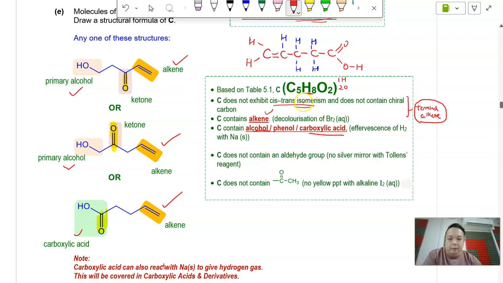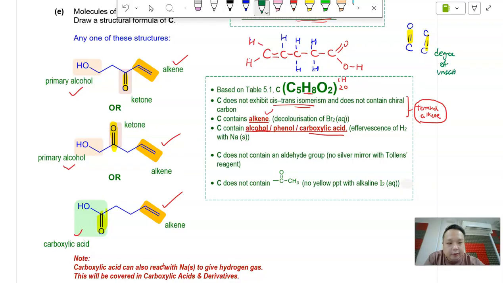Over here, some of you may ask, how do I know that I must have a double bond O? Now, this is one important portion that you guys can take note of, for those of you who are able to understand this. Every time we have a double bond, be it a CC double bond or a CO double bond, or multiple bonds, we have what we call the concept of degree of unsaturation.